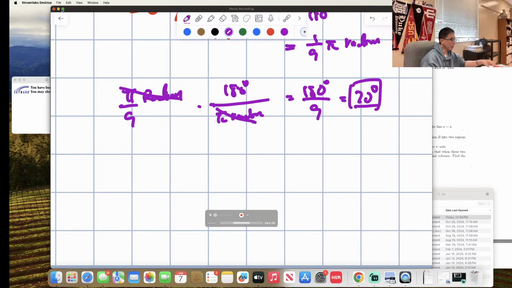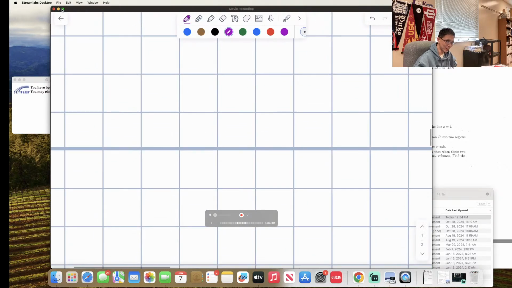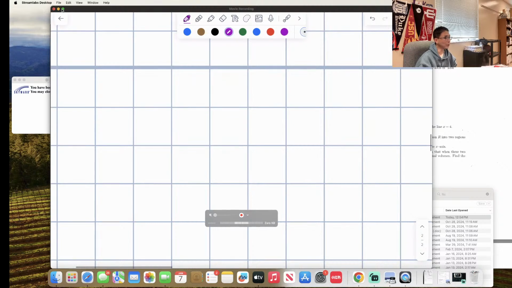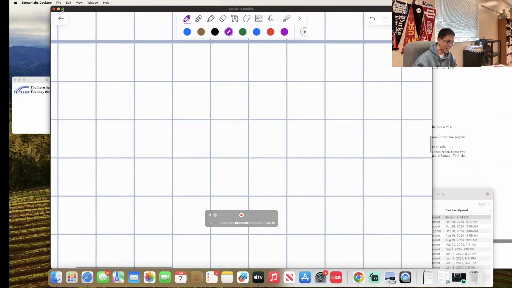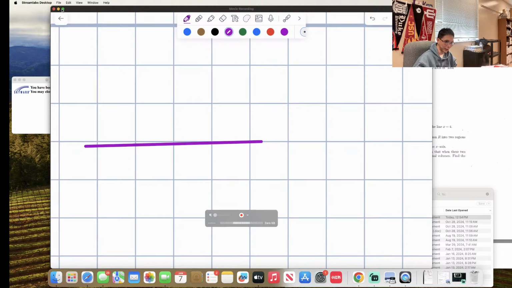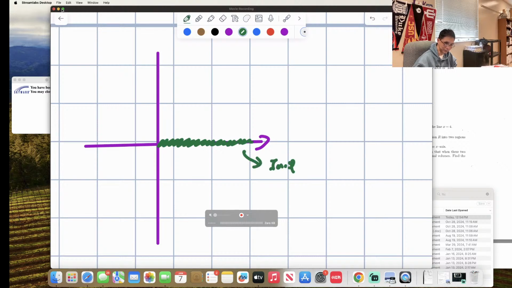Now I want to tell you how to draw an angle, and that's kind of important. A long time ago in geometry we only had positive angles, but angles in trigonometry can be negative. The way you draw it is to start with the axis like this. This part is called the x-axis, but in this case it's called the initial side.